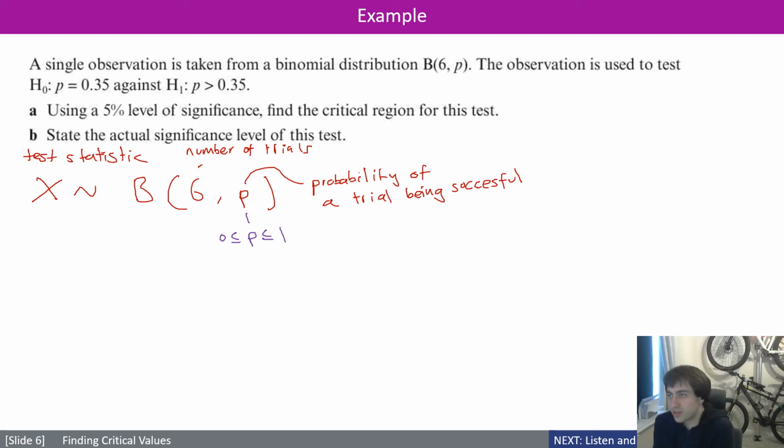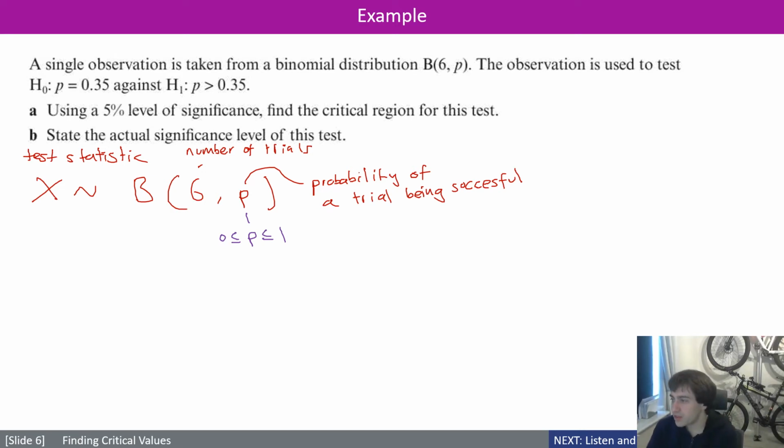So now we're asked to set up the hypothesis test, use a 5% significance level, find the critical region. So finding critical regions really means find the critical value, and then from that you can define the region. Okay, so we're going to find the critical value.